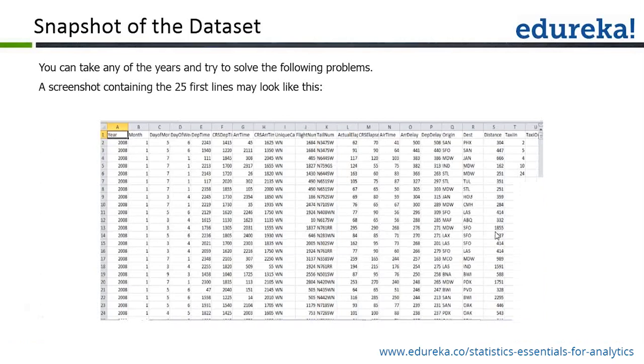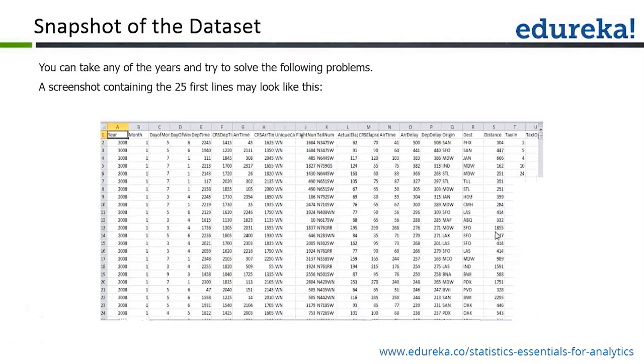Okay, so now given this data, let us use the concepts that we have learned and try to solve these problems. Calculate the skewness of distance traveled by airlines. Calculate the mean, median, and quantiles of the distance traveled by US airlines specifically. Next, calculate the standard deviation of distance traveled by, say, American Airlines, and draw a box plot of any carrier with distance.